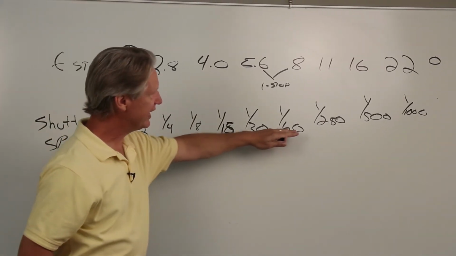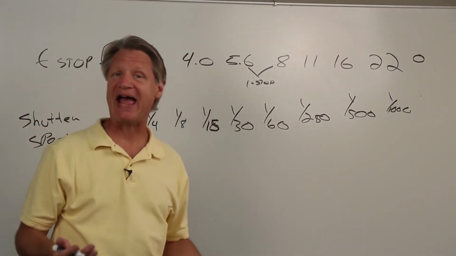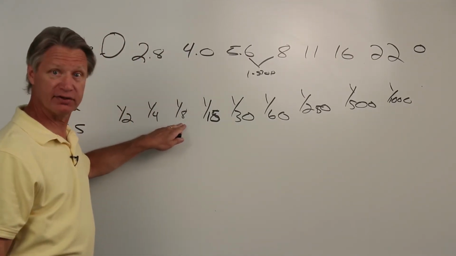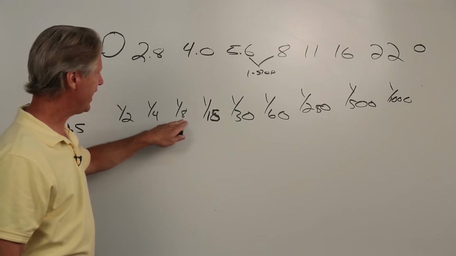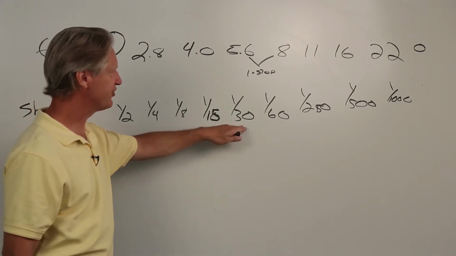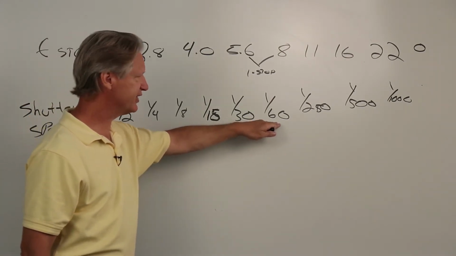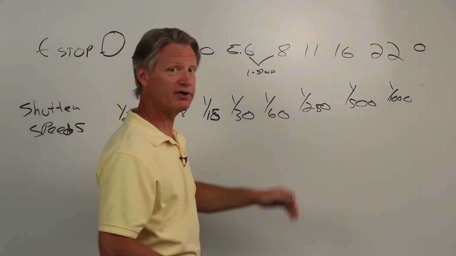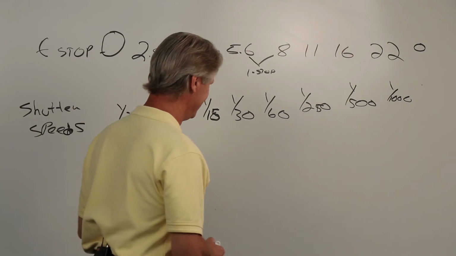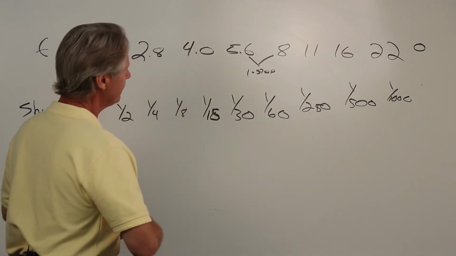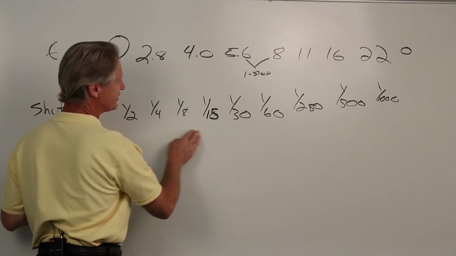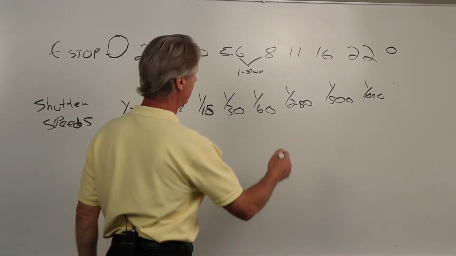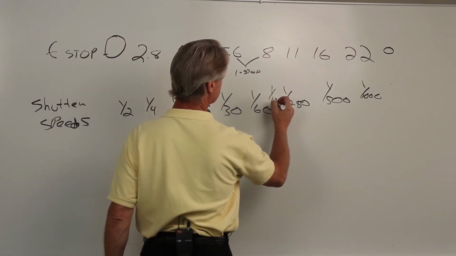So if we start looking at these numbers, do we see a pattern? And of course we do. 1/4 to 1/8, half or double. 1/8 to 1/15, double. 1/15 to 1/30, double. 1/30 to 1/60, double. 1/60 to 1/250, well, I missed one. There's 1/125 in there. I missed that one. So if we look at this string of numbers, we see that there's a relationship between each one. Let me add the 125 in here.